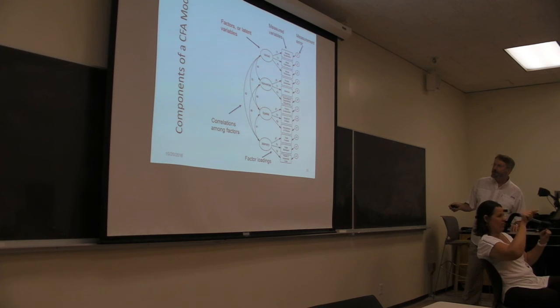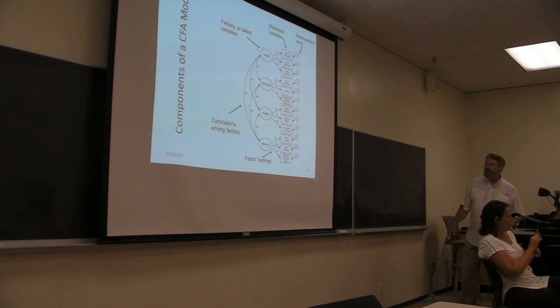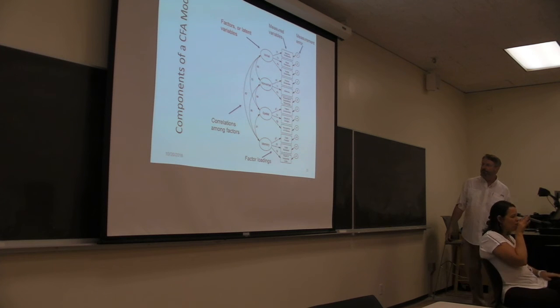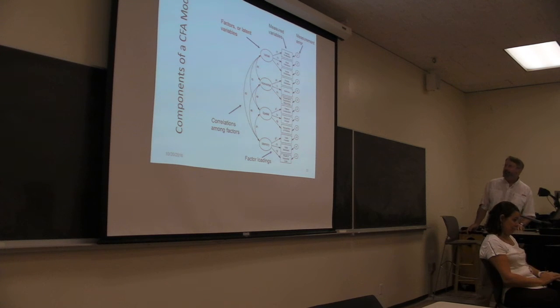Or another way of thinking about what this says is that there's something inside a kid's head that we'll call verbal ability that causes them to score a certain way on naming vocabulary and word definitions and verbal similarities. Those are both decent ways of thinking about it.